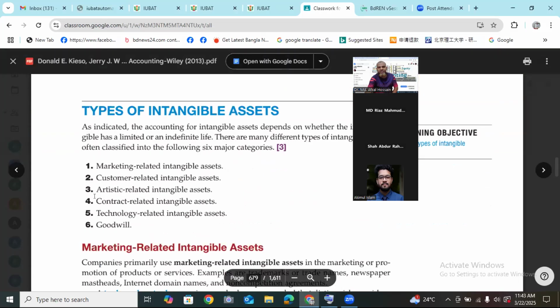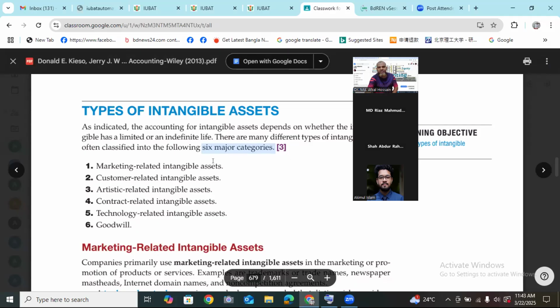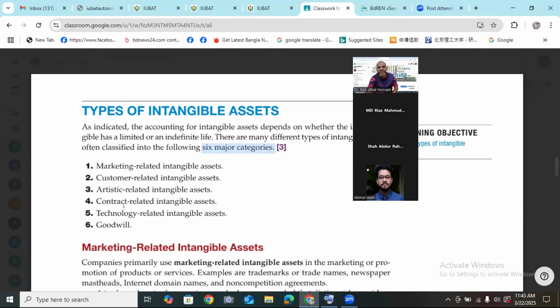There are 6 major categories: marketing related intangible assets, customer related, artistic related, contract related, technology related, and last of all, goodwill.